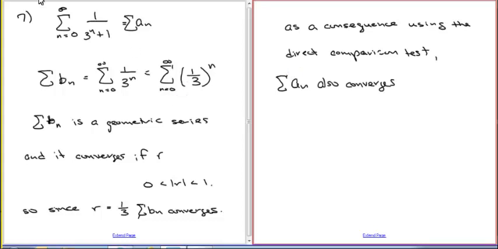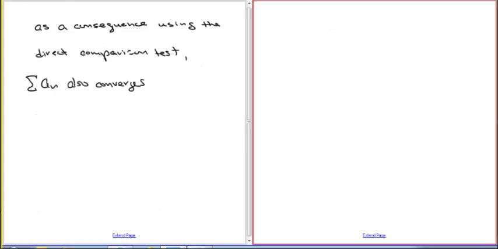Now we go to 10. What we have here is the summation from n equals 1 to infinity of 1 over the square root of n cubed plus 1. Again, that is our a sub n series.